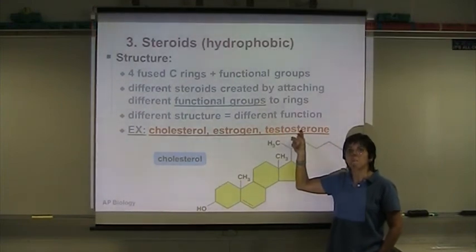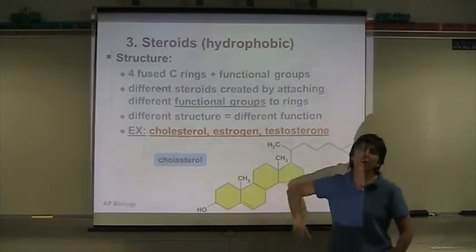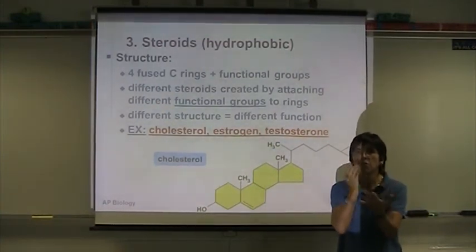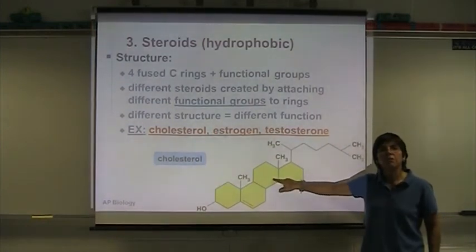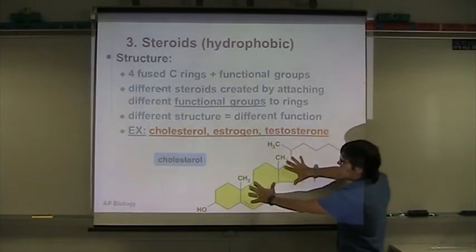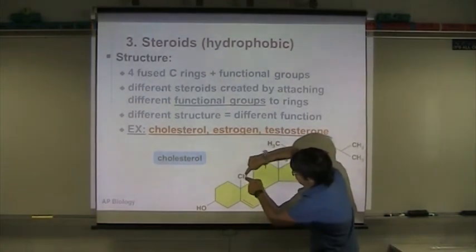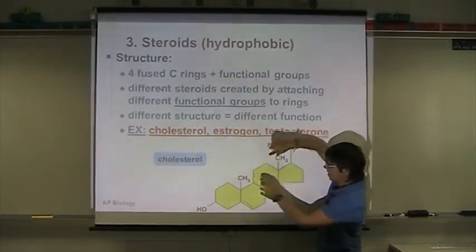Guess how your body makes estrogen and how your body makes testosterone. They need to start somewhere. And guess where your body starts? It starts with a molecule of cholesterol. It grabs the cholesterol and modifies these molecules, these little components here, just a tad.